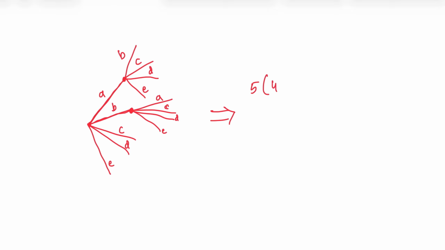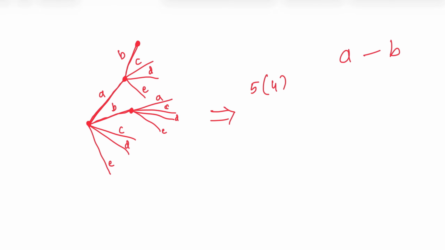In this example, this turns out to be 5 times 4. And then you can see here that you will be counting the edges twice, because if you take this example where I'm selecting the vertex A first and then the vertex B, I get the edge AB.